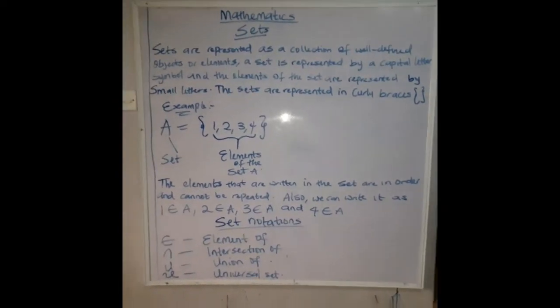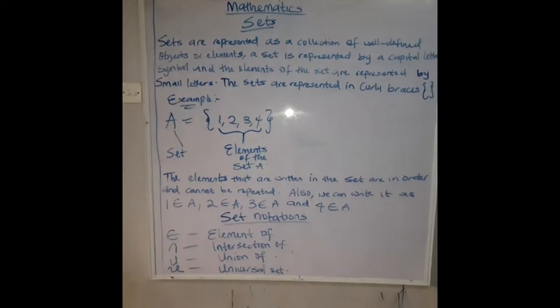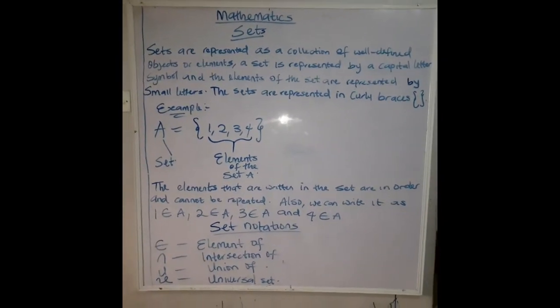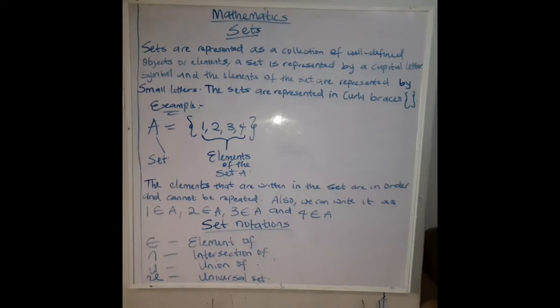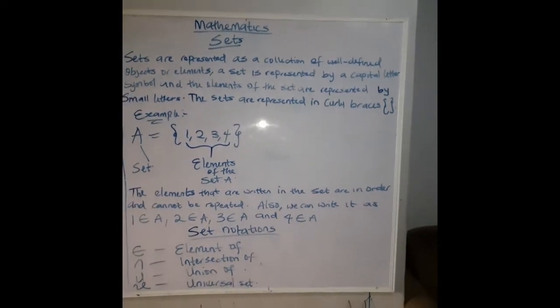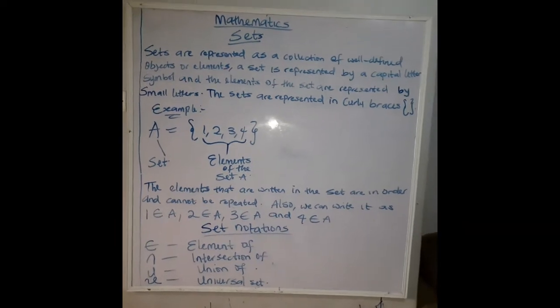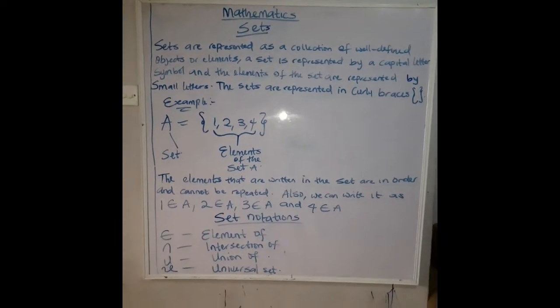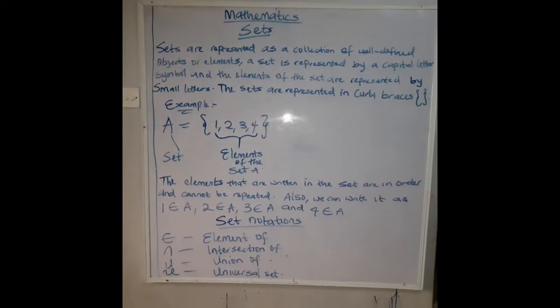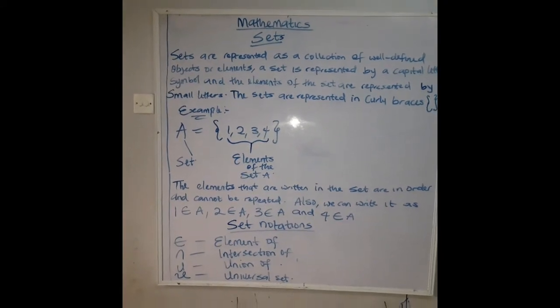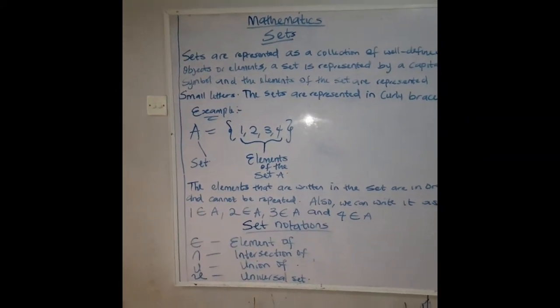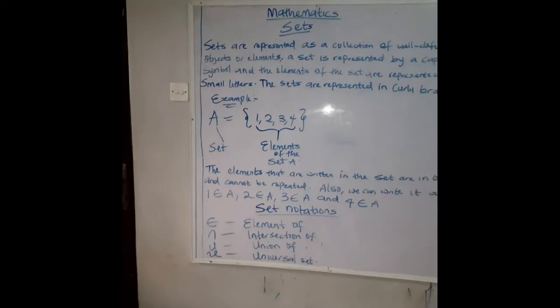So elements of a set are things that can be found in a set, and we said sets are represented as a collection of well-defined objects. A set must be well-defined. Like I just gave you an example of furniture. We can take for instance the number of students in a classroom, or the number of students in a school, or the total number of girls in a classroom, or the total number of guys in a classroom.